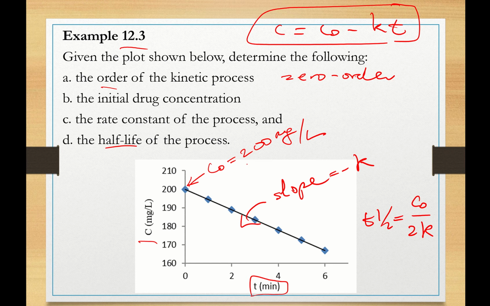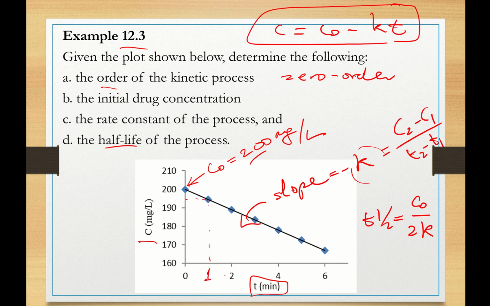Since you know C0, 200, and you know K from the slope, and we know how to determine slope, that should be C2 minus C1 over T2 minus T1. We can eyeball it perhaps, any 2 points would do, but choose wisely the points. I would choose at time 0, because I know that is 200 definitely, and maybe one that is closer to the y-axis, so I would choose this one here.